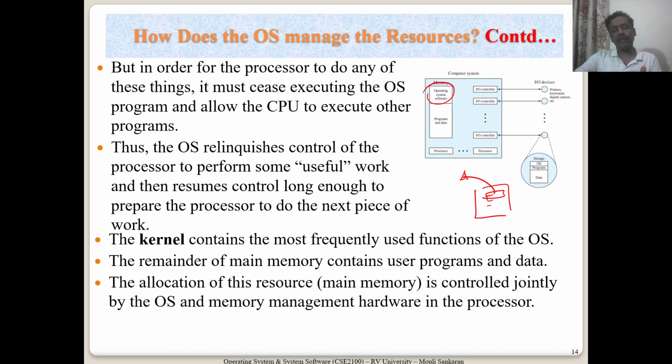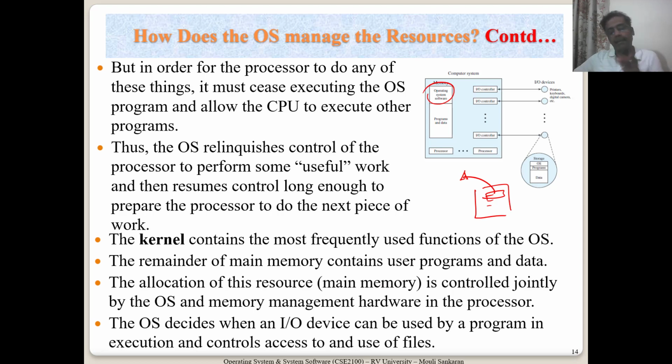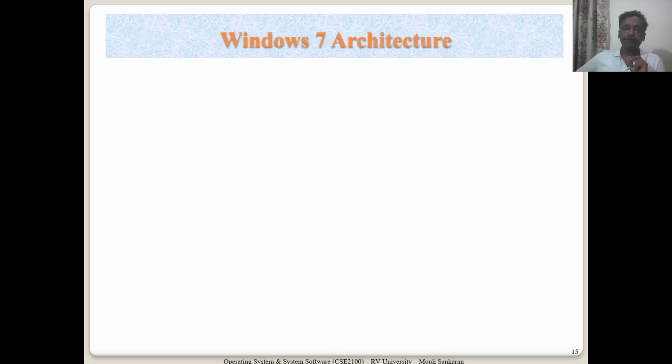Whereas if a user process is running on the CPU, it always checks whether whatever access is going on is within the limit or not. In that case, only the hardware can find out if there is an error or if it is going out of the range, then it gives an exception and the OS is notified. So the memory management is done by both the OS and the hardware together.